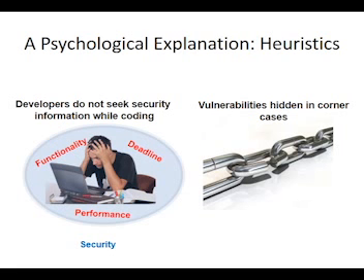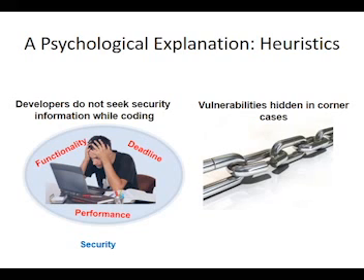So assuming that developers are humans and vulnerabilities are usually hidden in corner cases, what happens is that security is usually not in the developer's working memory when the developer is coding.